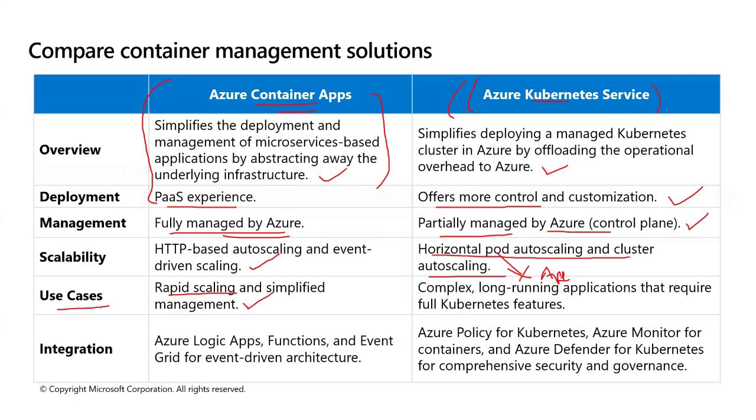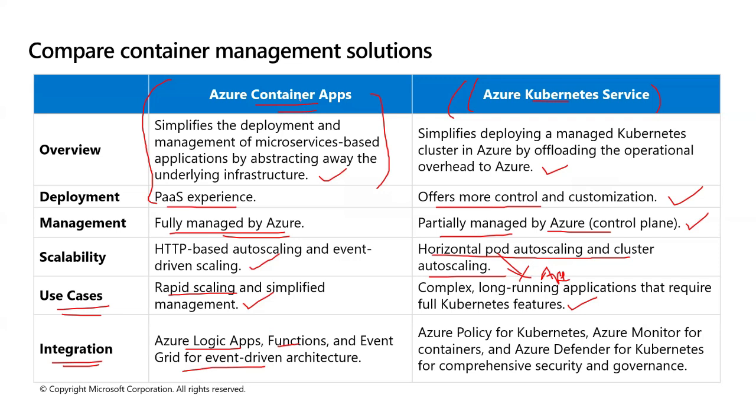Rapid scaling and simplified management, this is for the use cases. But when it comes to Kubernetes, it suits complex, long-running applications that require full Kubernetes features. So where can I integrate? I can integrate with my Logic Apps, Function Apps, and event-driven services like Event Grid. This is all developer-related integration.